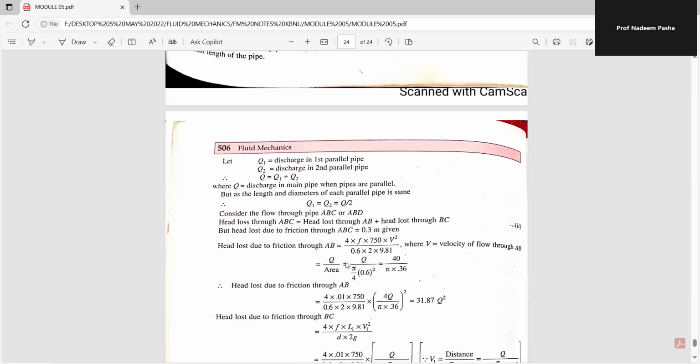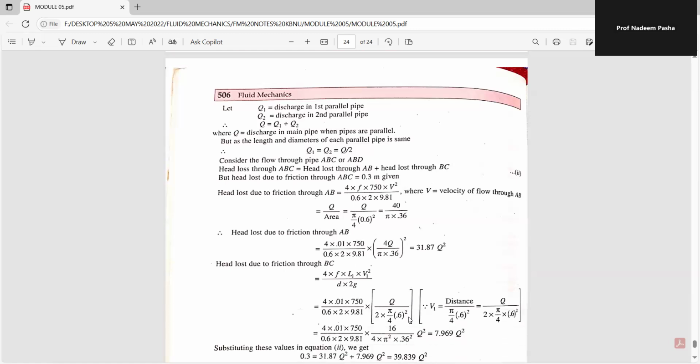So it is equal to Q by area, and area is pi by 4 D square. Now head loss due to friction through AB is 4 into 0.01 into 750 into Q square, divided by 0.6 into 2 into 9.81 into pi by 4 into 0.36 squared. So it comes out to be 31.87 Q square.